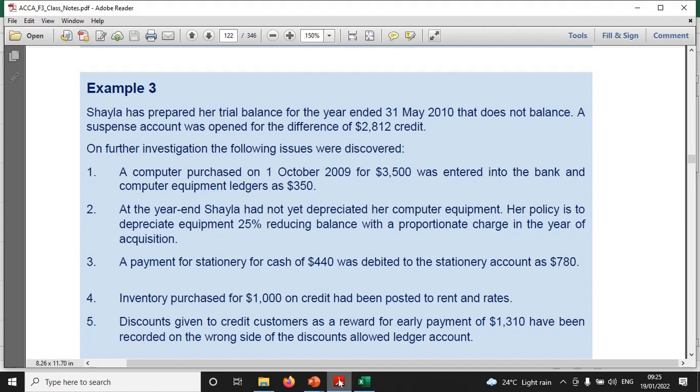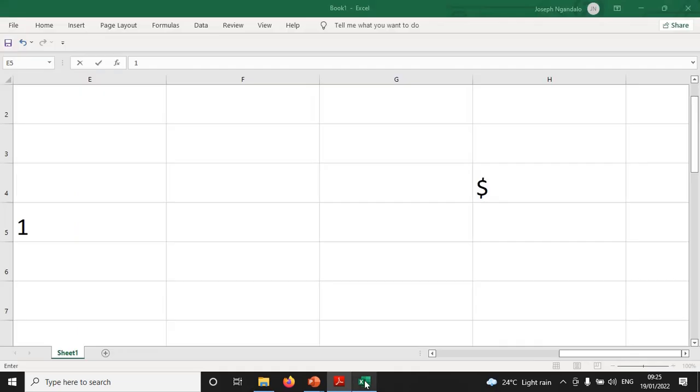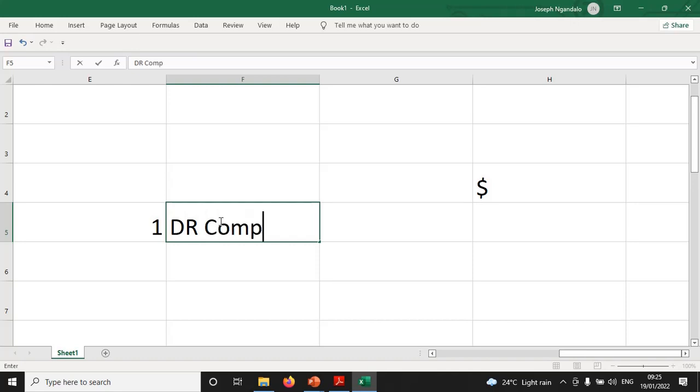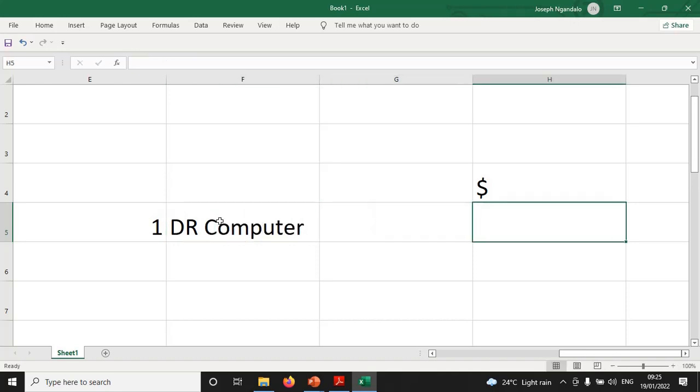Which accounts are affected in this case? Bank account and computer. So what do we do with the computer? We debit with the difference, right? So you say debit computer. Did you say in a suspense account here? No. Okay, so you said 3150, right? And then we do what?